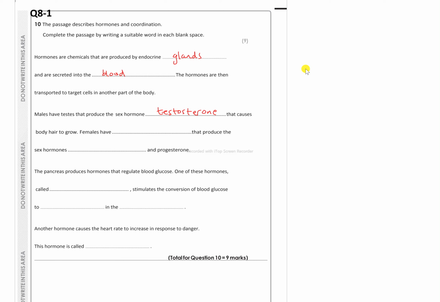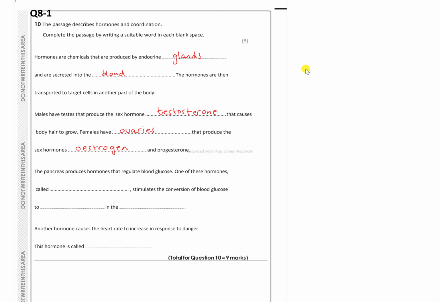Females have ovaries that produce the sex hormones estrogen.